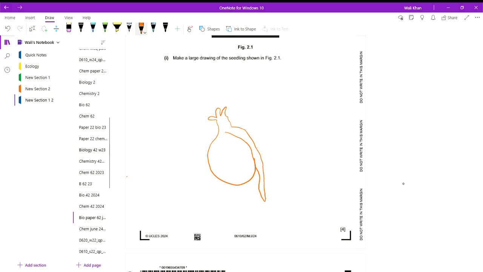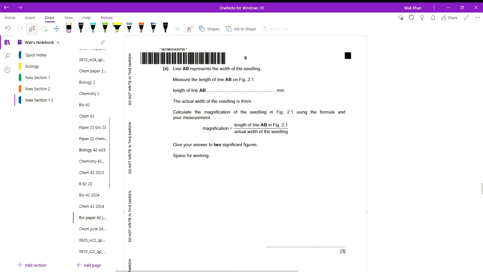Now this is done. Line AB represents the width of the seedling. Measure the length of the line AB on figure 2.1.